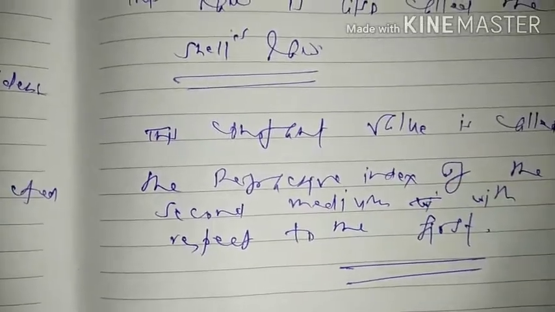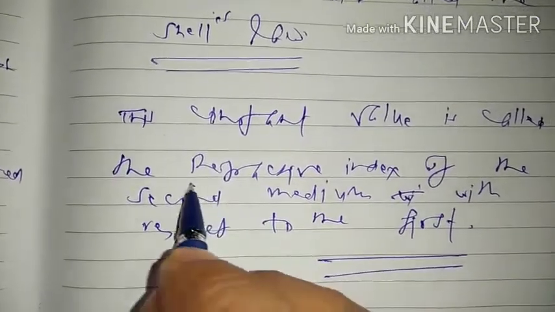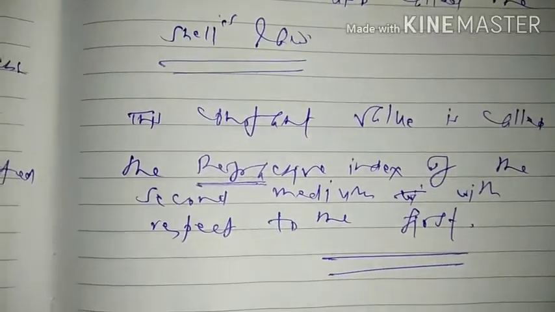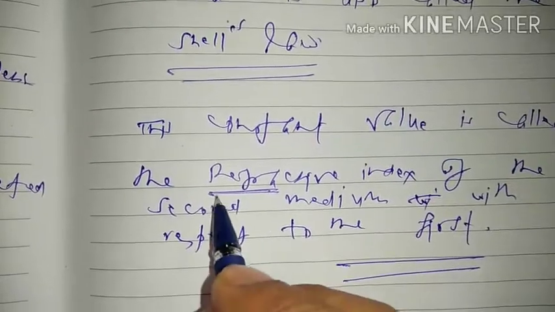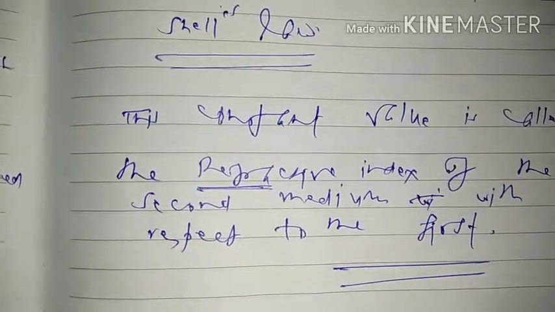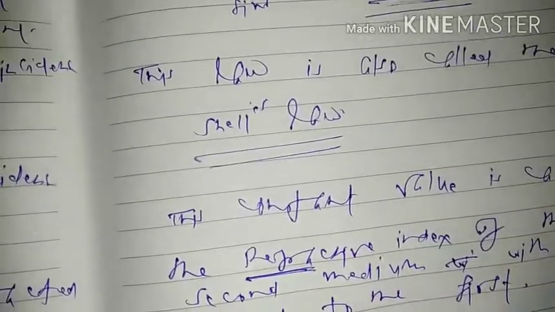Now I have used here refractive index. So what is the meaning of refractive index? Just know what is refractive index. We have seen in our previous classes, I am just giving you some description of refractive index.